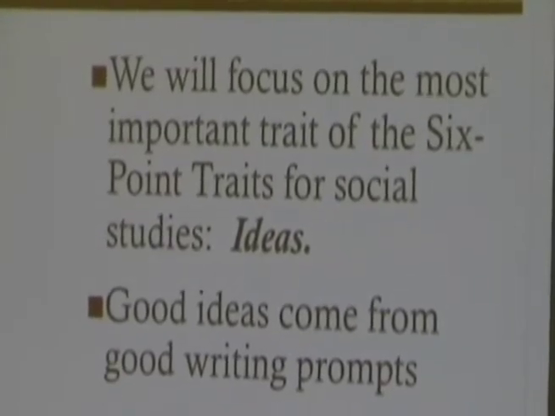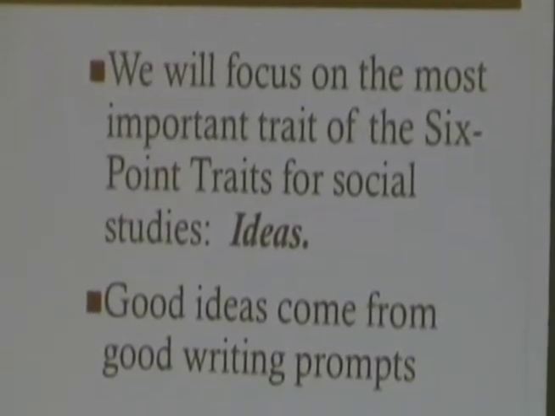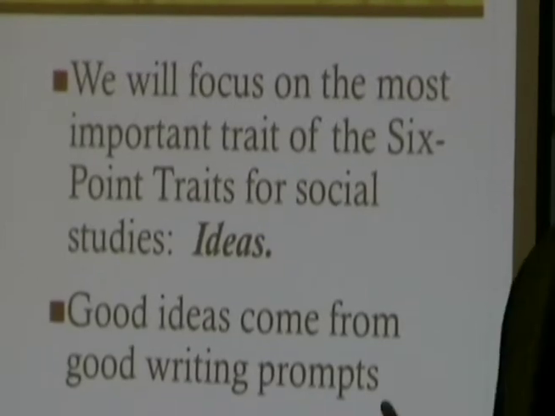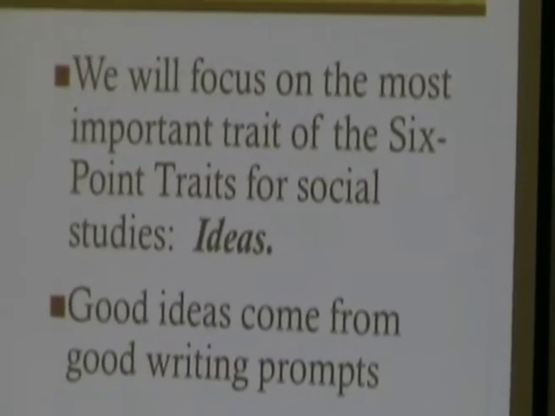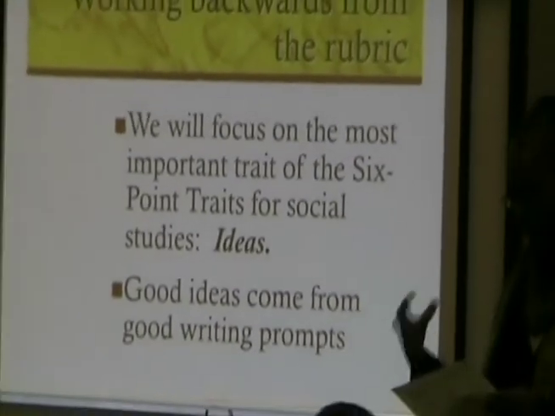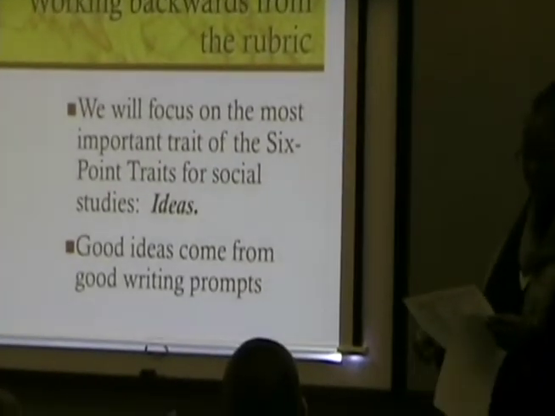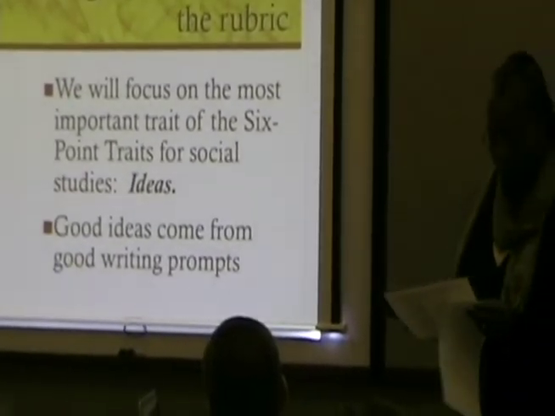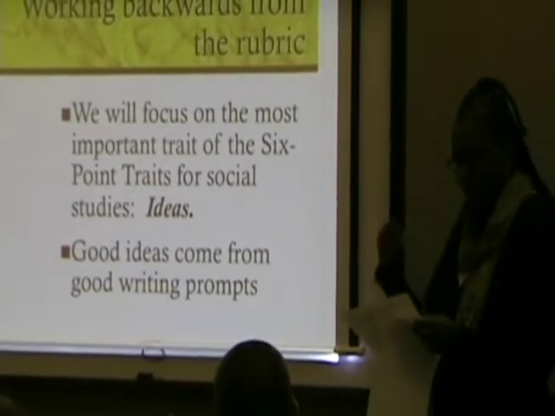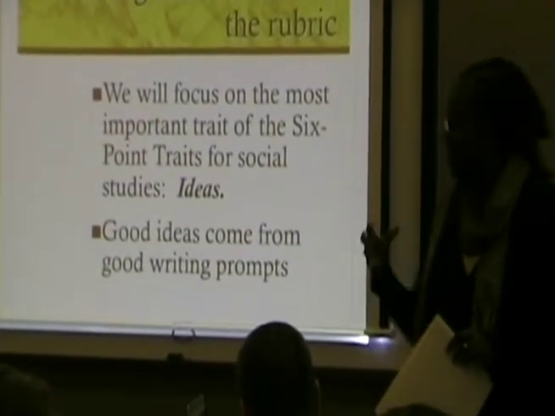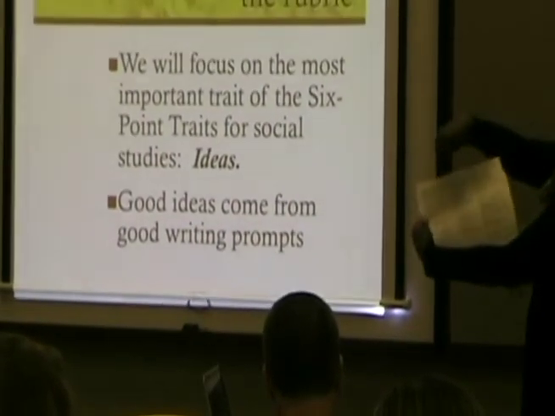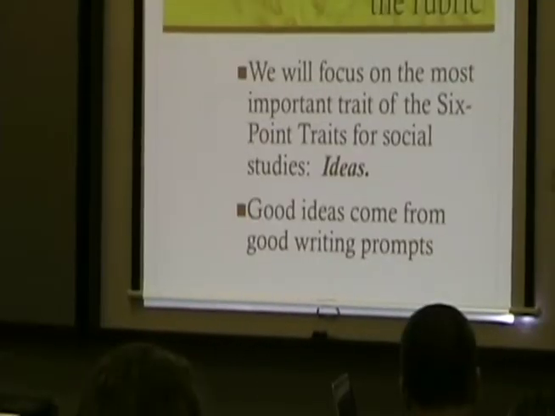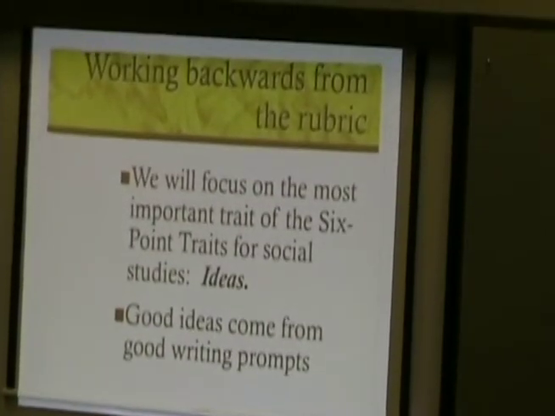Voice, conventions, those are things that the language arts teacher is going to care more about. For social studies, we care about the ideas, right? We care about whether the topic is relevant, the ideas are crystal clear, that you're writing from knowledge or experience, whether it's an insightful topic, etc. So we're going to focus on that part of the 6-point rubric if that's the rubric you're using. If you're using Schmoker, we talked about that already.